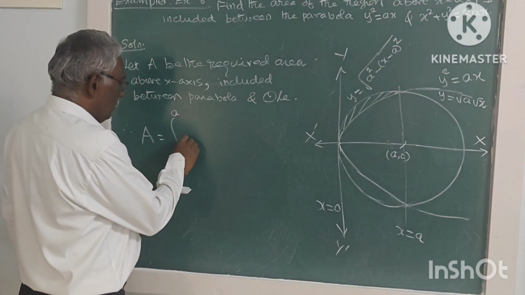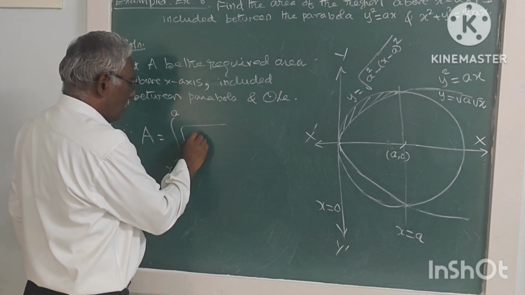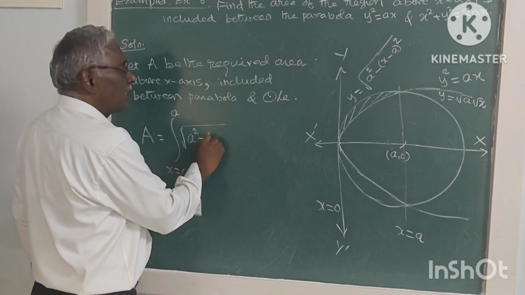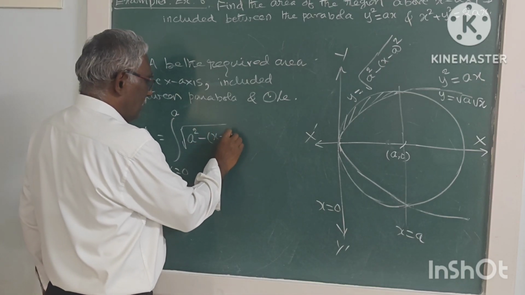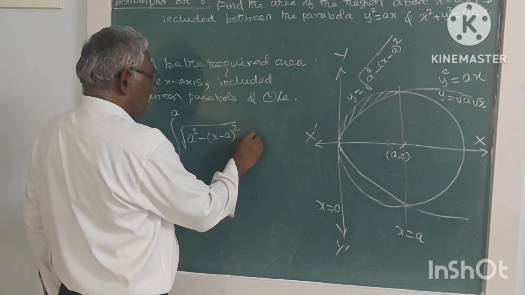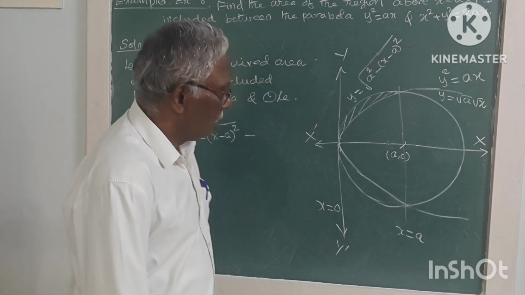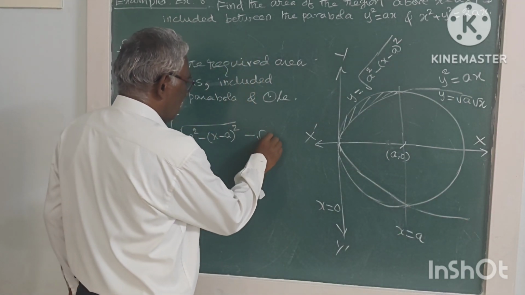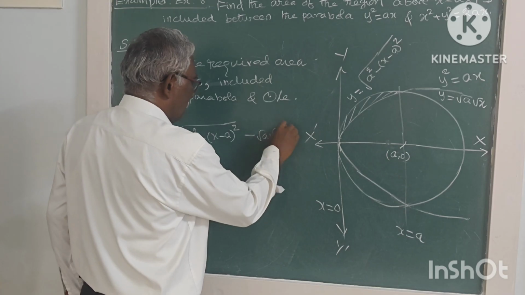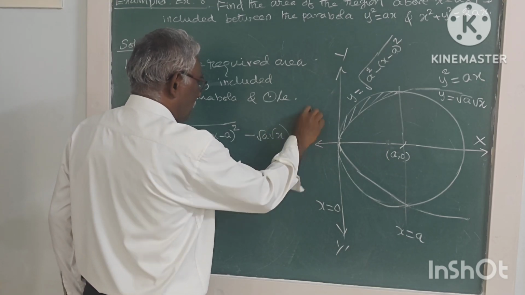Y is equal to square root of a square minus (x minus a) whole square, minus, then equation of parabola is root a root x, dx.